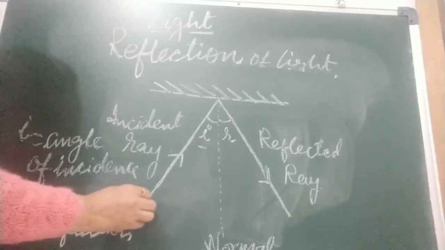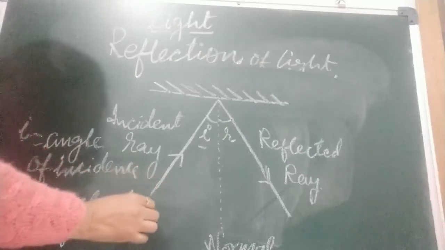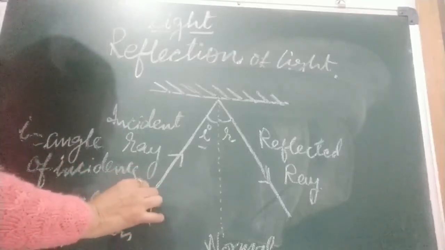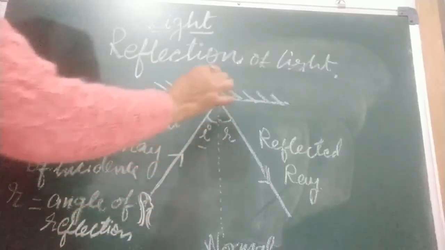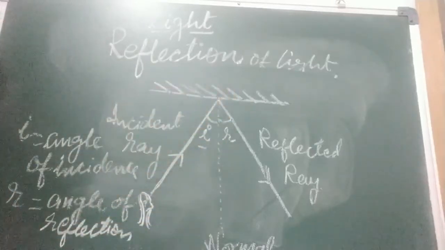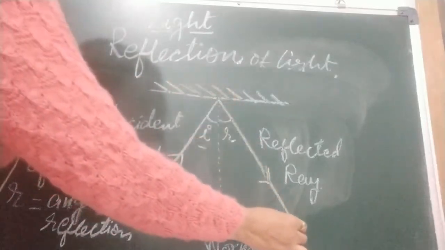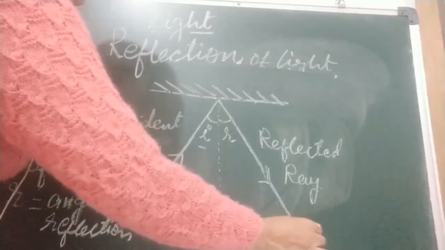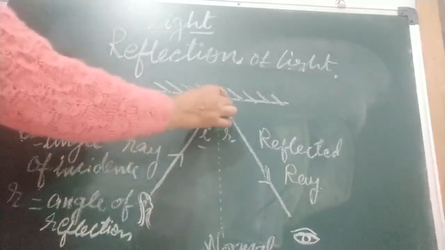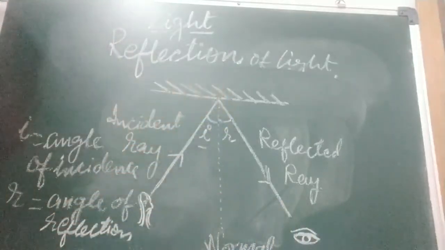Suppose this is a tree, any tree is there. The rays are coming and falling on this mirror, and after reflection they are coming to your eyes. You are able to see this tree in the mirror.